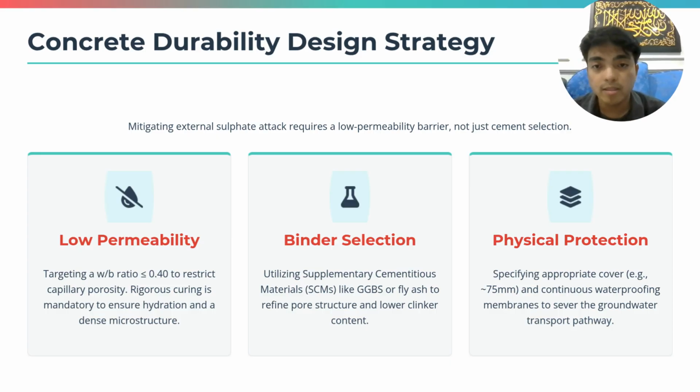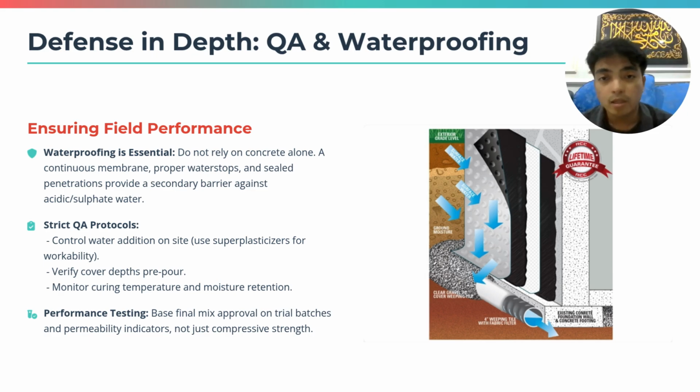To resist the acidic sulfate environment, we move beyond just selecting cement. We adopt a defense in depth strategy. First, we target a low water to binder ratio of 0.4 or less to restrict capillary porosity. Second, we utilize supplementary cementitious materials, specifically GGBS or fly ash. This refines the pore structure and reduces the clinker content, making the concrete chemically more resistant to sulfates.